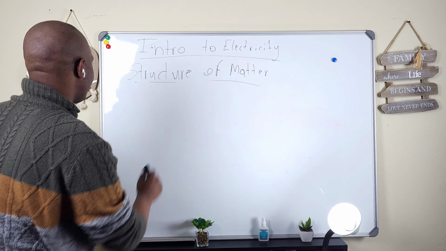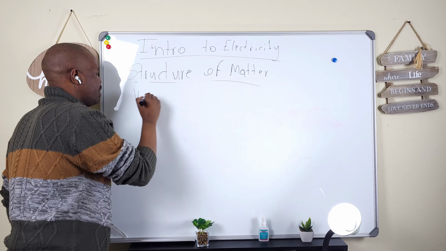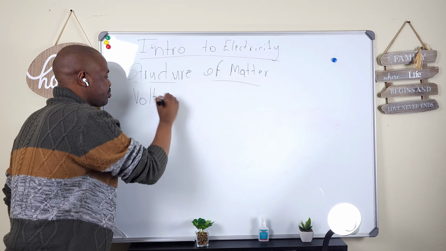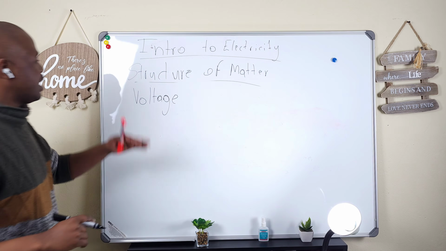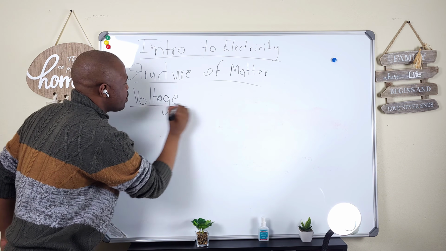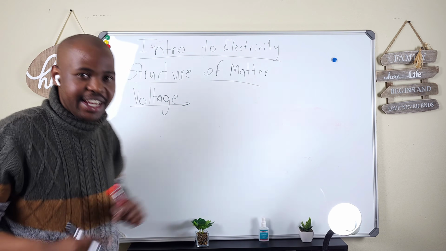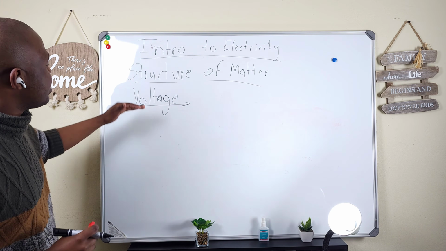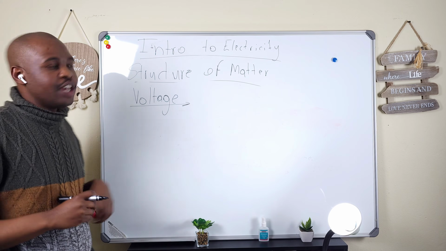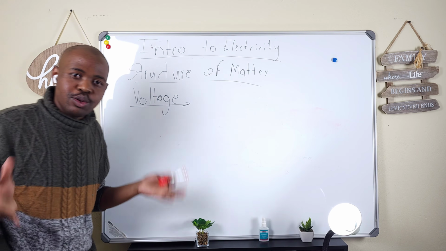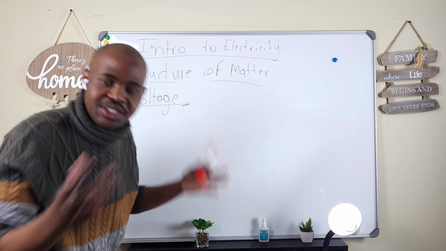That force, we call it voltage. Voltage, guys, is the force that causes the movement of free electrons. So that is what a voltage is. Basically, without voltage, we don't have electricity.